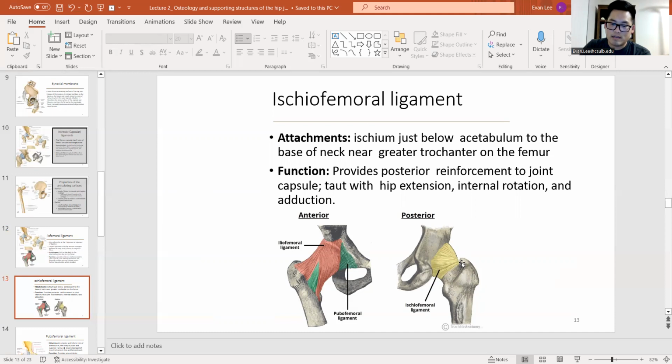But on the other side, if you were to do internal rotation, that means it's going to be pulled forward. And being attached on the back, when you pull it forward, it once again becomes taut. And one more: when you adduct the thigh, when the thighs become closer together, this will be taut as well.